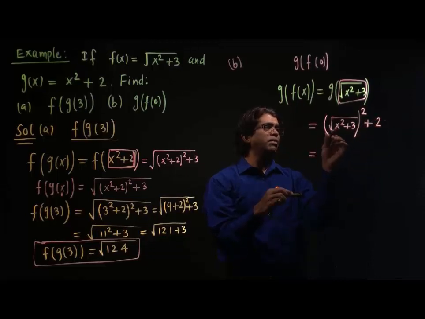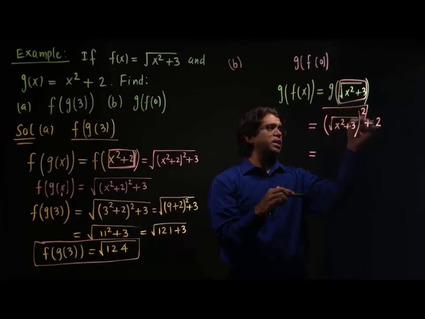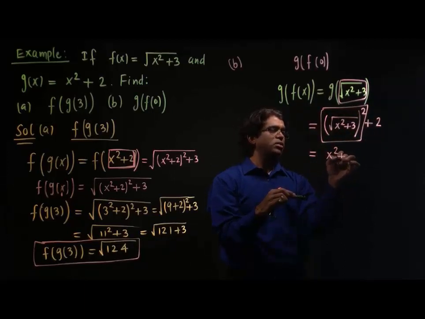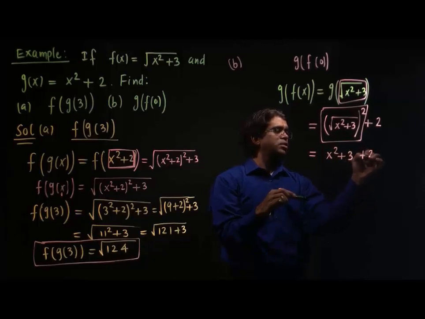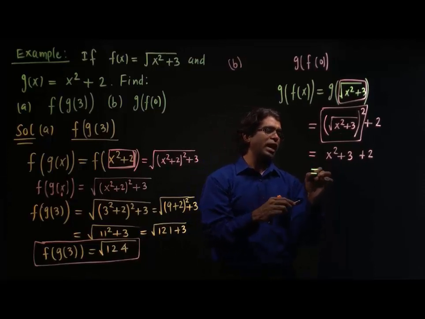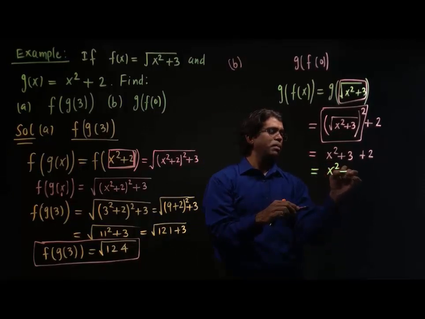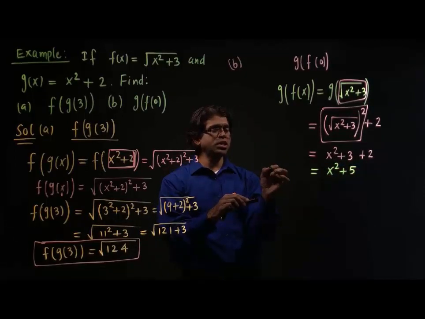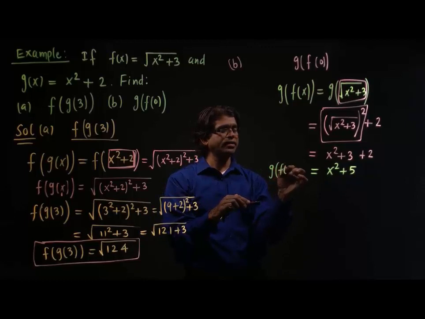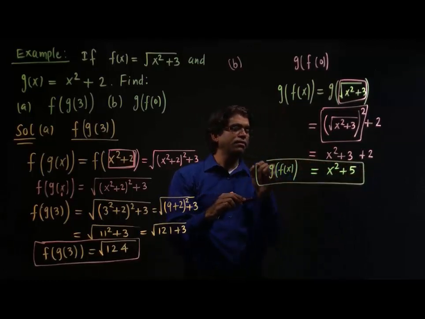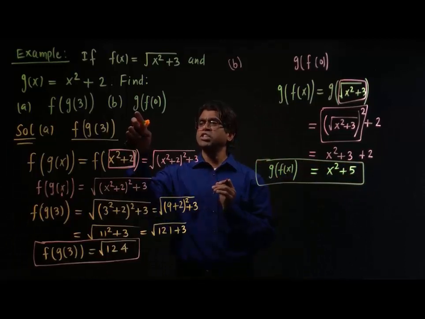If I simplify this term, I will get x squared plus 3 plus 2. Let's simplify further: 3 plus 2 is 5. So g of f of x is x squared plus 5.